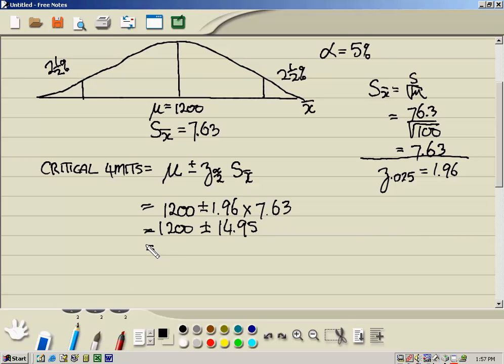Alright, so 1200 minus 14.95, round off to 4 significant places, so 1185, and 1200 plus 14.95 is 4 significant places is 1215. So these two numbers, the 1185 and the 1215, are our limits to the acceptance region.